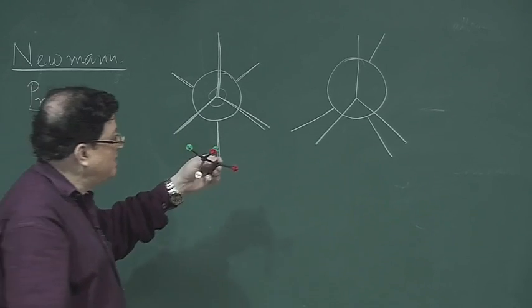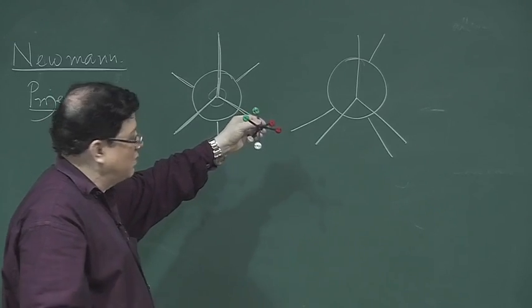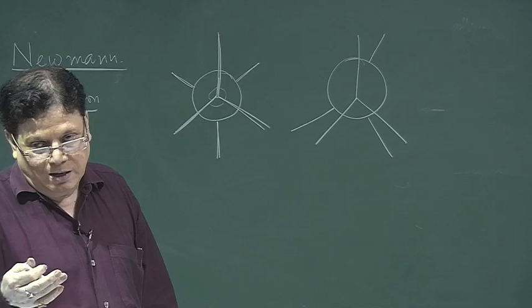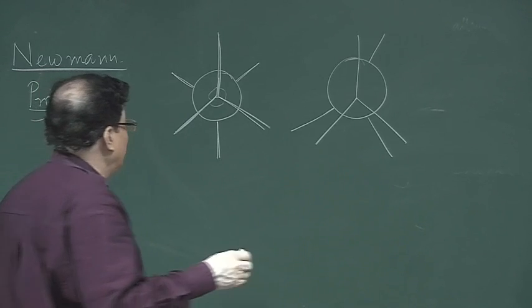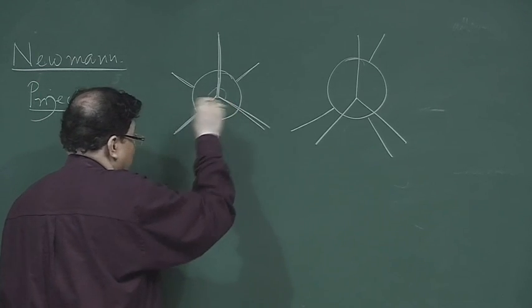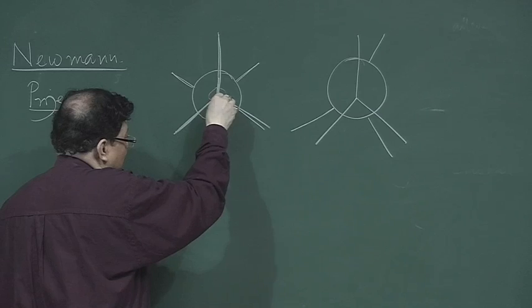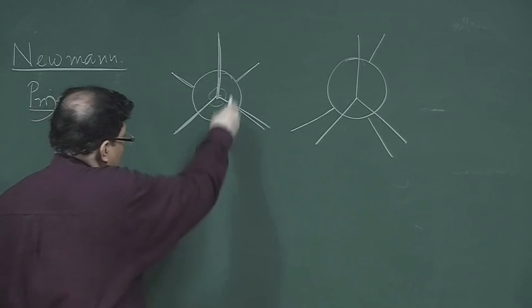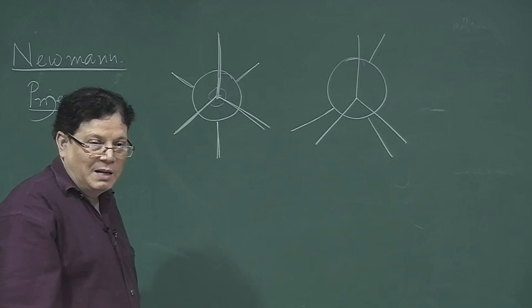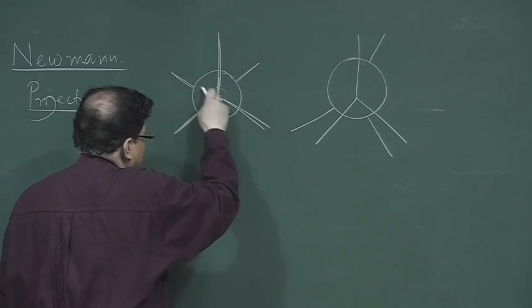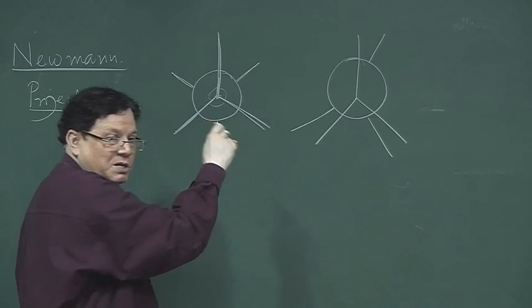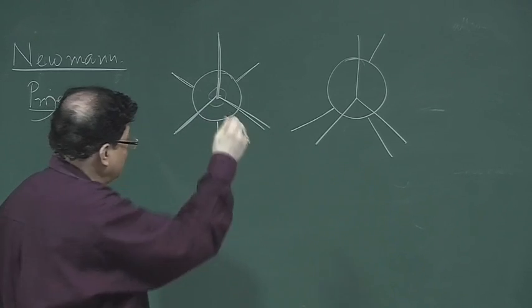The basic premise is that you should see the molecule along the carbon-carbon axis and then draw the projection. The way to represent it is that the front carbon is shown as the dot with 3 bonds, and the back carbon is shown by the circle, and the bonds end at the circumference of the circle, but actually they are joined, they also go up to that carbon which is not seen, because we are seeing from the front.